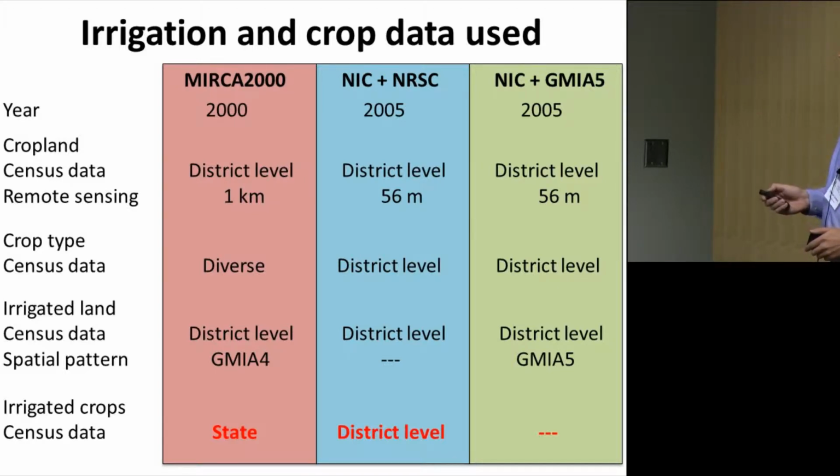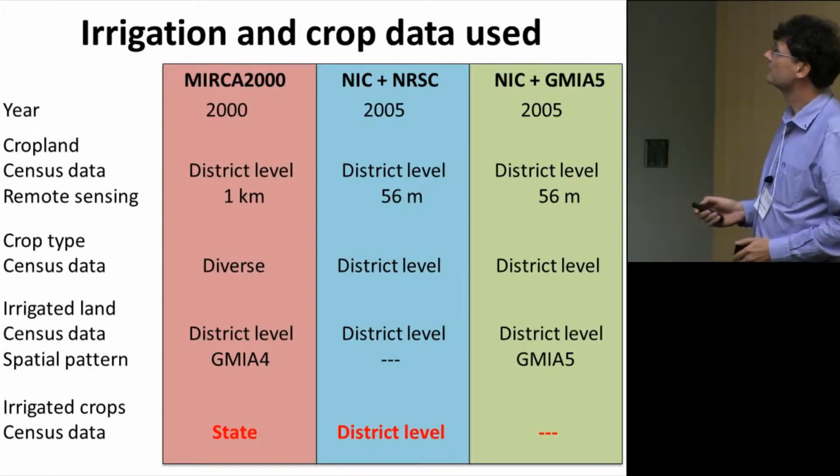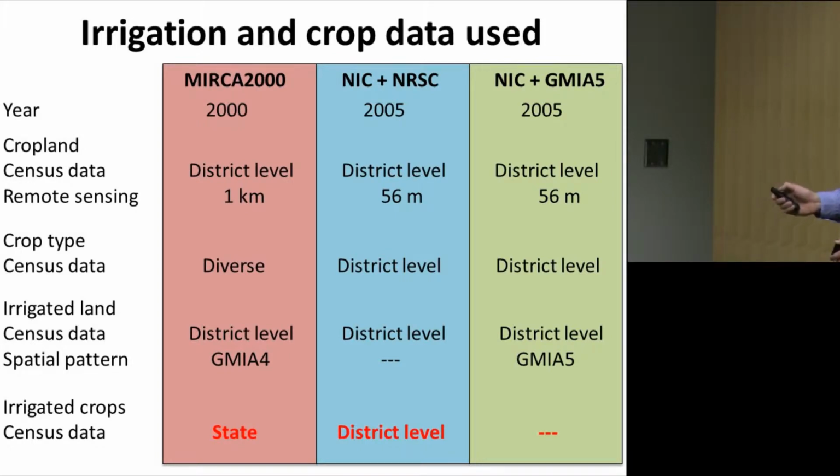And then we have a new product which is mainly based on national data for India. This is then this one, and the resolution of statistical information is changing from state level to district level, so higher resolution of the underlying data. And then we have a third data set which is simplified.